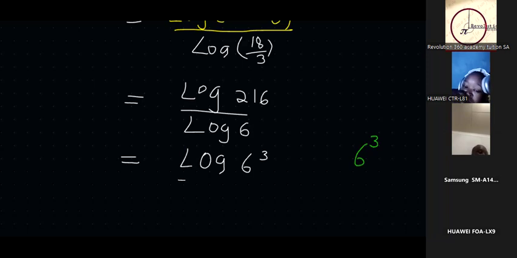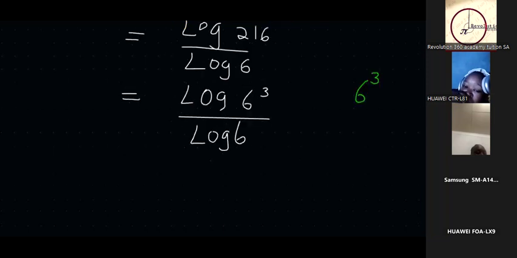And then the next step, guys, it's easy. You take that 3 that is on the exponent, you bring it forth in front. You take this one, you write it here in front. Do you see? Let's write that. So that will be 3. And take in consideration that you are also having log 6 over log 6.